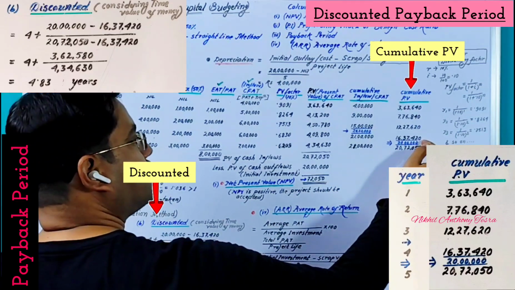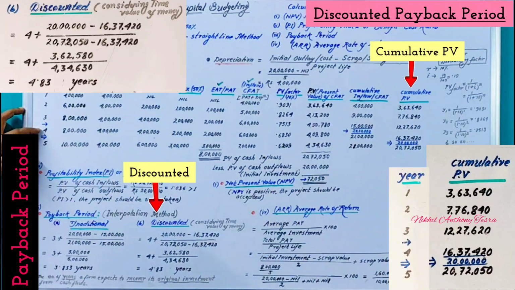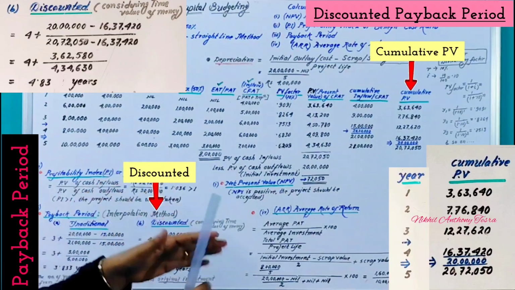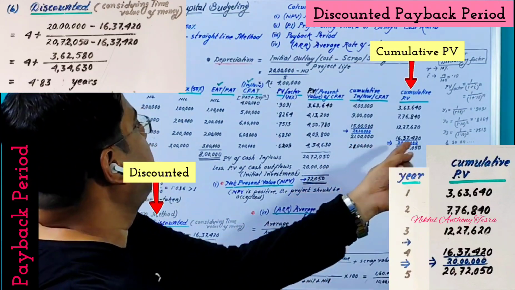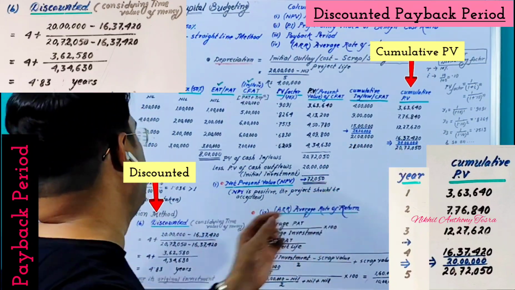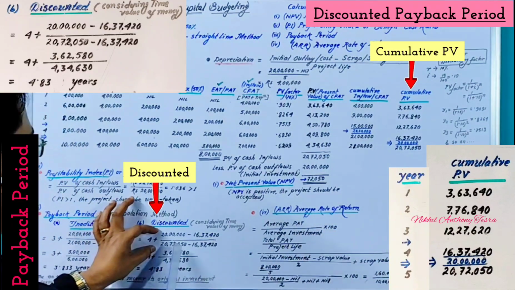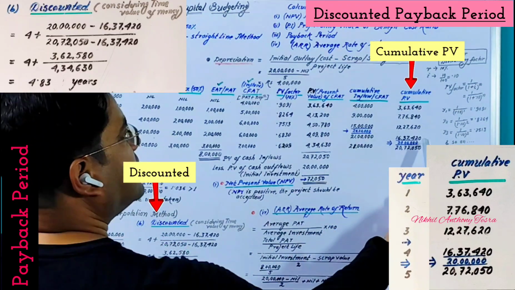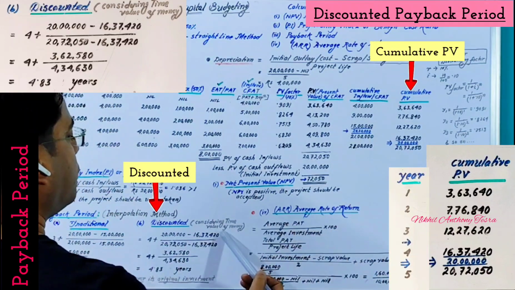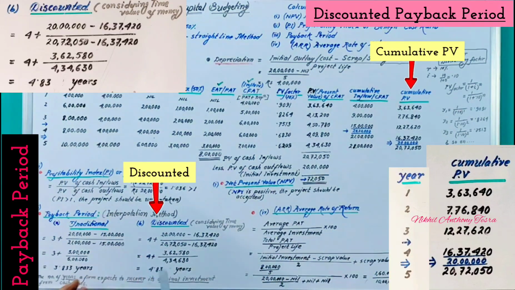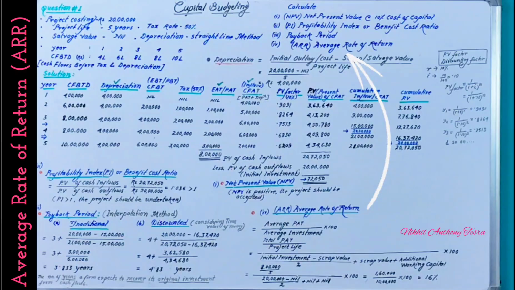So equals 4 plus 20 lakhs minus 16 lakhs 37,420, divided by 20 lakhs 72,050 minus 16 lakhs 37,420 from both sides. It comes to 4 plus 3 lakhs 62,540 divided by 4 lakhs 34,630. It comes to 4.83 years.